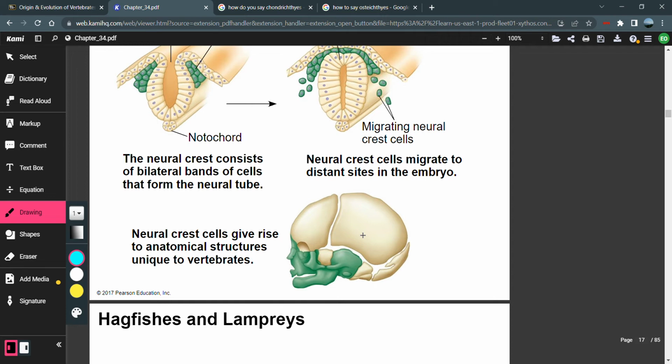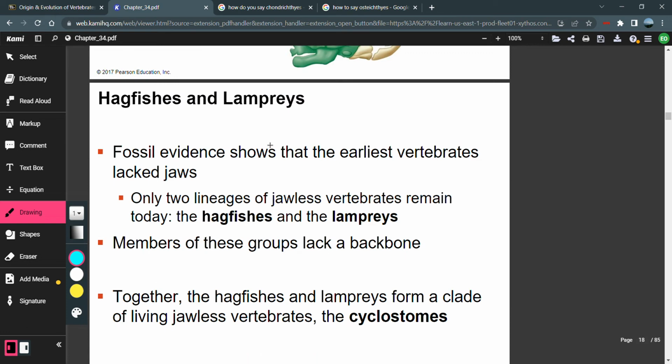They're unique to vertebrates, but not to invertebrates like sponges, platyhelminths, all that kind of stuff that's not a vertebrate. And these neural crests will form parts of the jaw, parts of the sphenoid bone, the zygomatic arch, things like that.